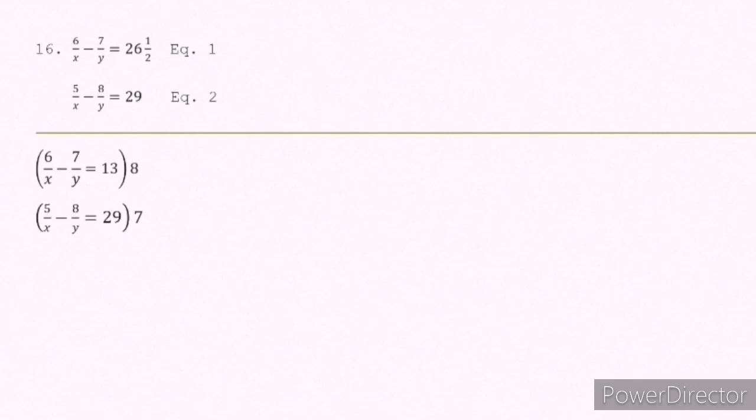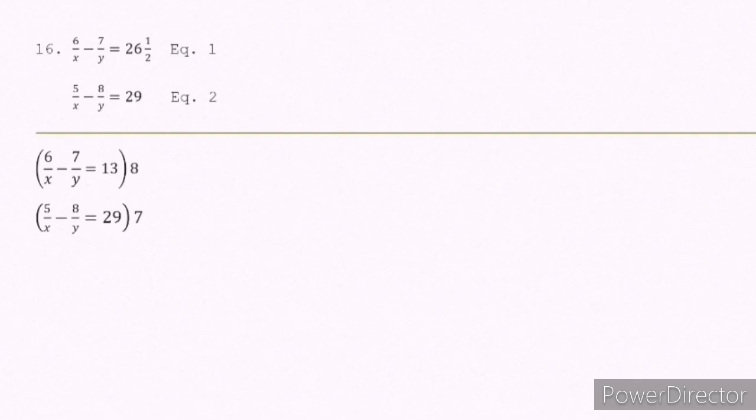Now negative 13 over y equals 83 over 2, then cross multiply, so y is equal to negative 26 over 83.